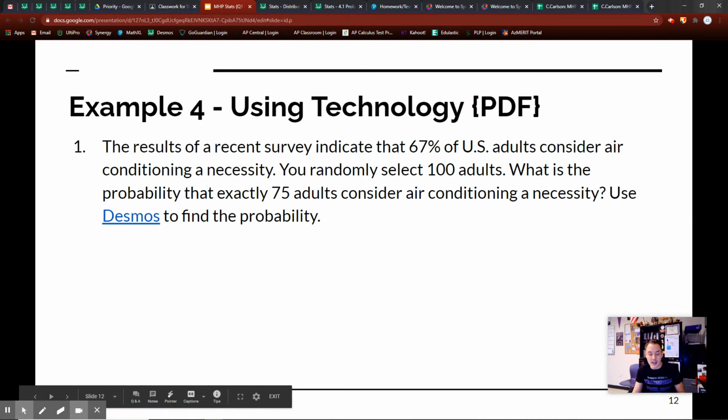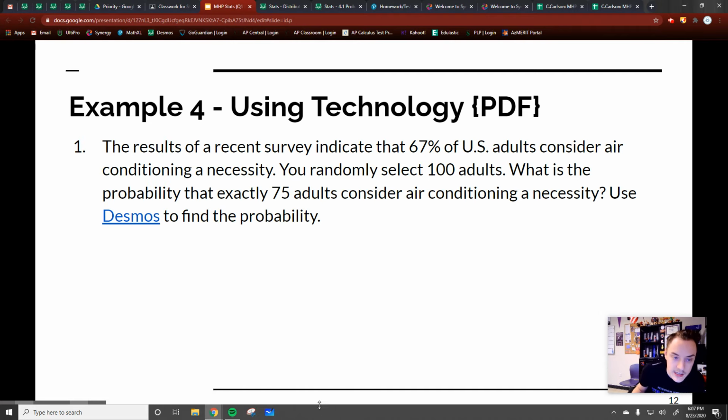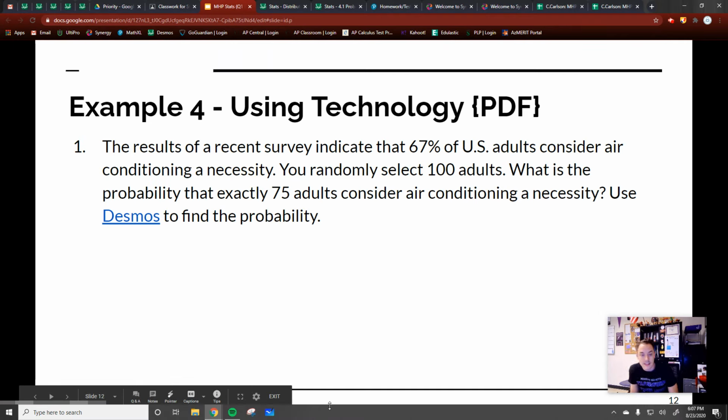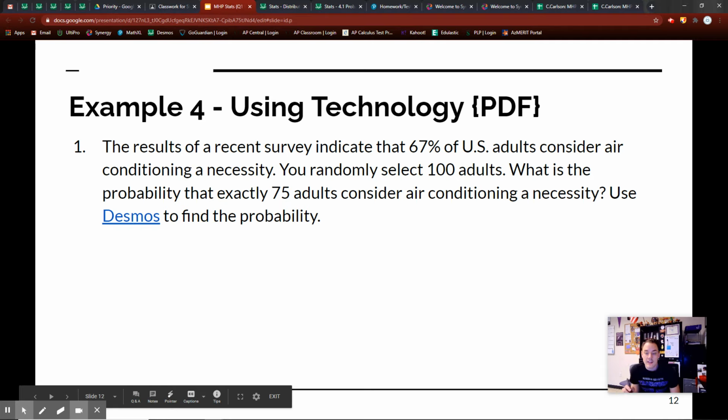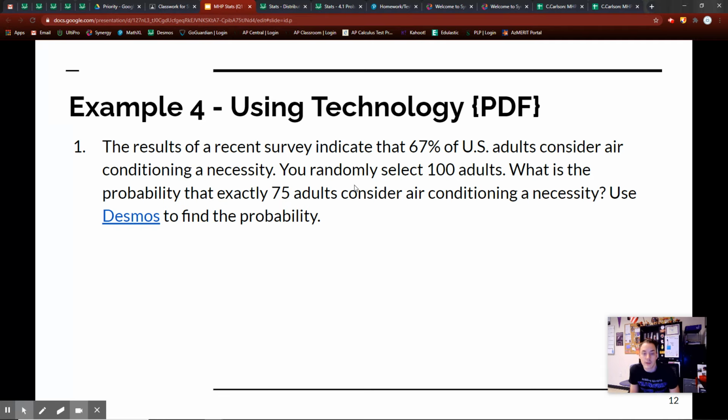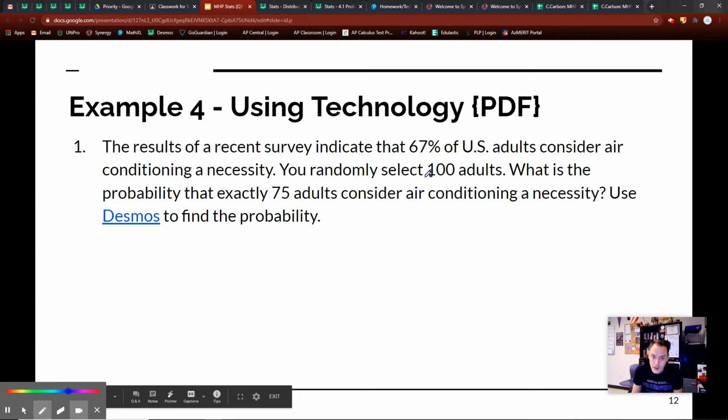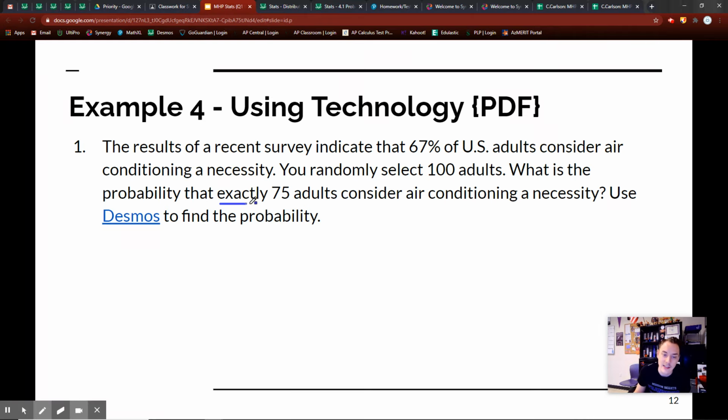All right, now using technology, awesome. So finding binomial probabilities. In example 4, it's going to be asked to do this. A recent survey indicates 0.67 or 67% of U.S. adults consider air conditioning a necessity. Yeah, definitely in Arizona. You randomly select 100 adults. What is the probability that exactly 75 adults consider air conditioning a necessity?